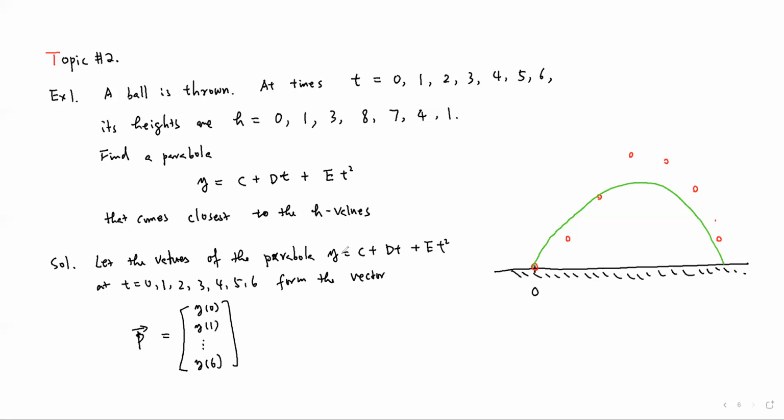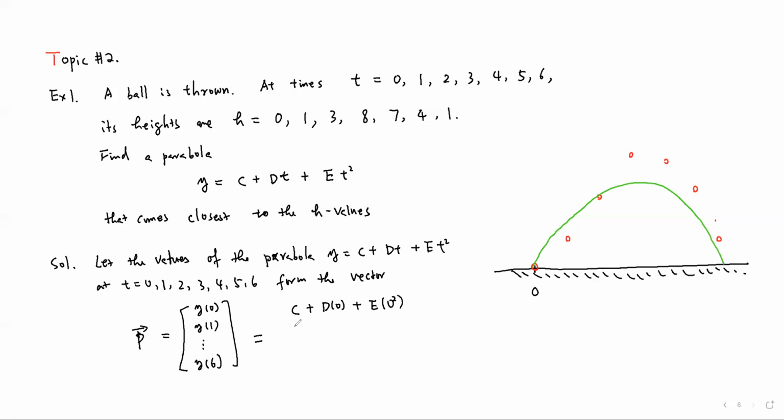The value of this function at these times, I put them into a vector. In detail, what is y of 0? Plug in 0 for t. So it is C plus D times 0 plus E times 0. What is y of 1?